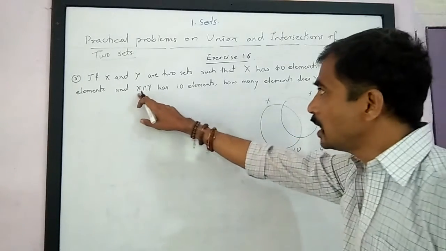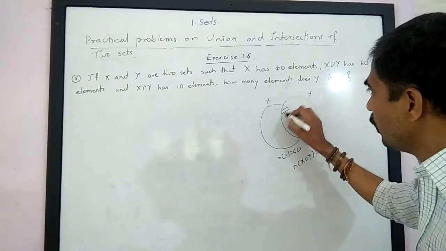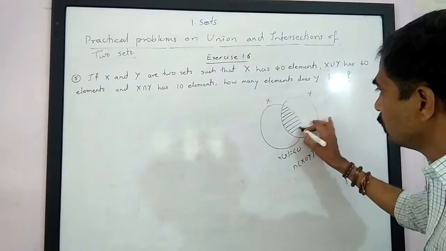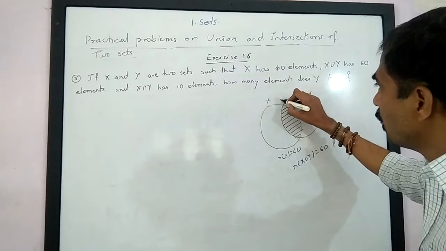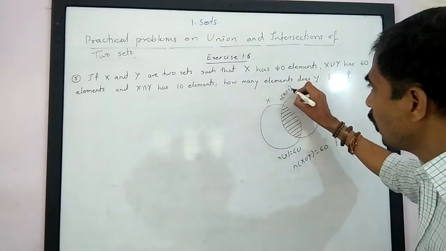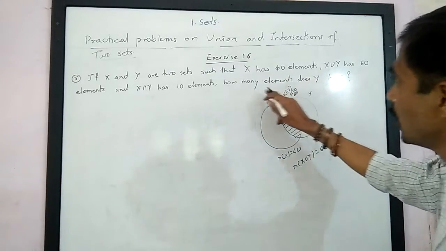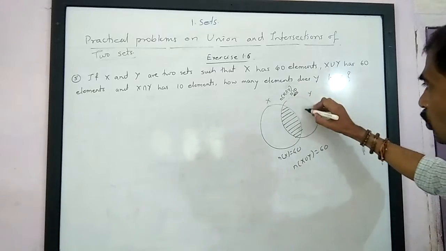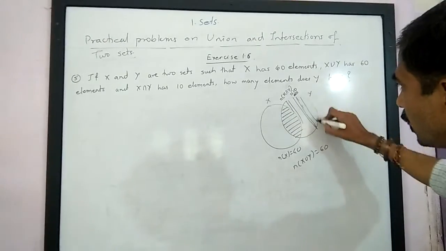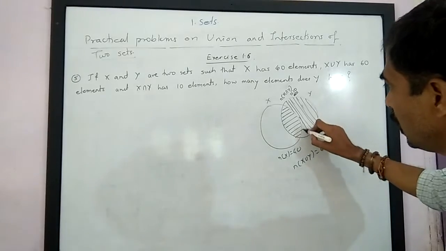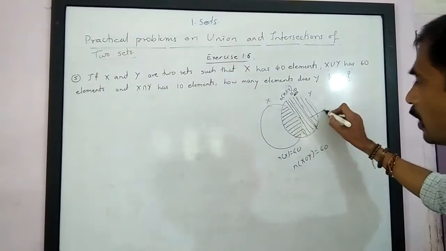And X intersection Y, this shaded part common to both, is having 10 elements. How many elements does Y have? So we are asked this unshaded part. How many elements does this part have?